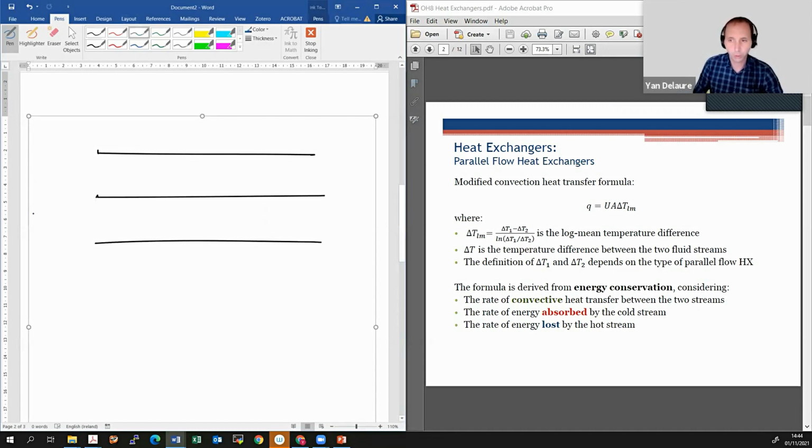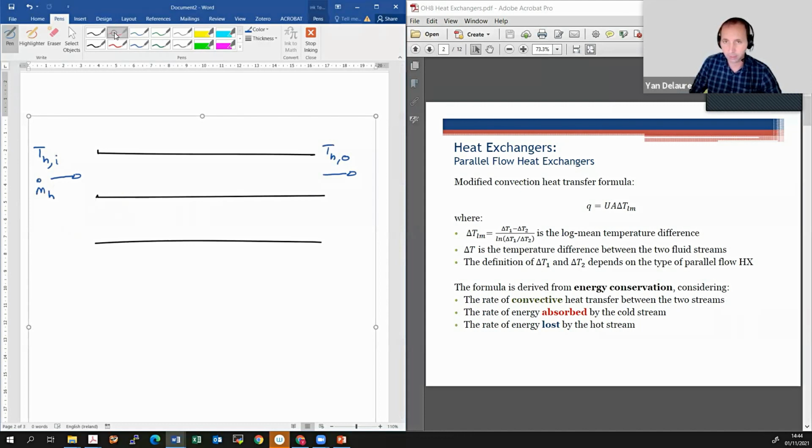So let's draw the hot stream, because I'm going to follow the color coding here. The hot stream is the one that's going to lose temperature, and we're going to say that that hot stream is coming in at a temperature Th,i, H for hot, on the inlet, and it's going to exit with Th,o on the outlet, with a certain mass flow rate for the hot stream.